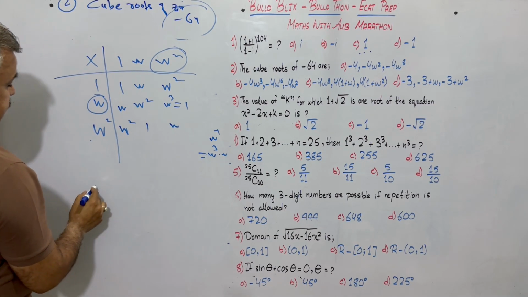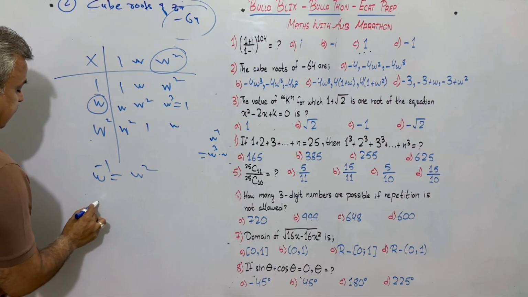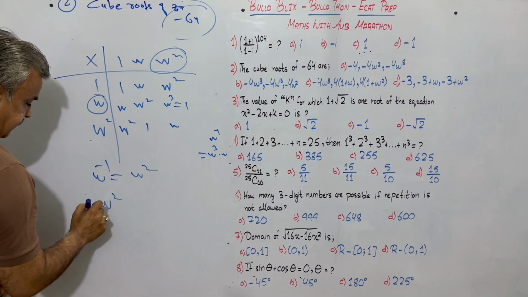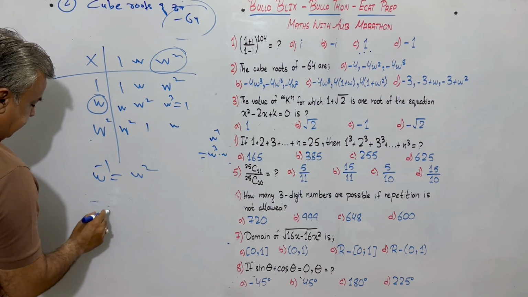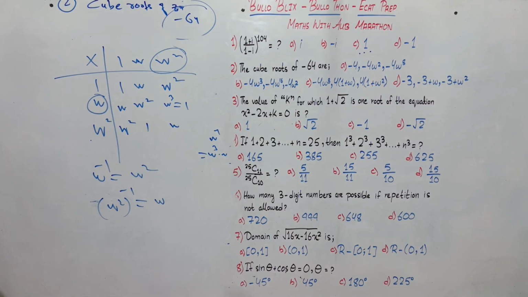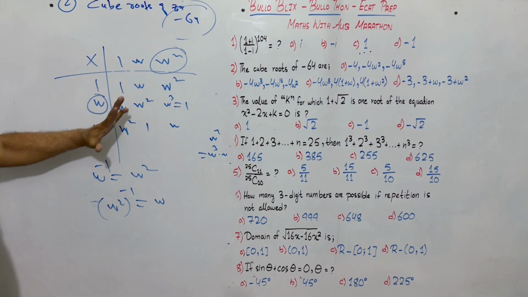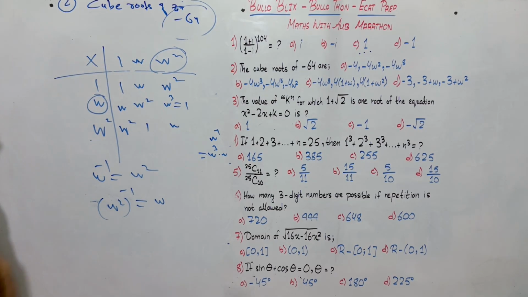So we have the inverse of omega is omega squared, and the inverse of omega squared is omega. One is the identity under multiplication. Omega and omega squared are the complex cube roots of unity. They are reciprocals of each other, or one can say multiplicative inverses of each other.